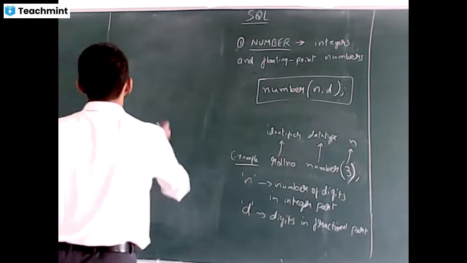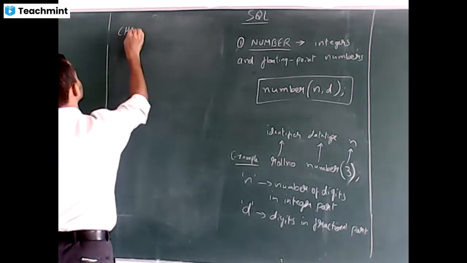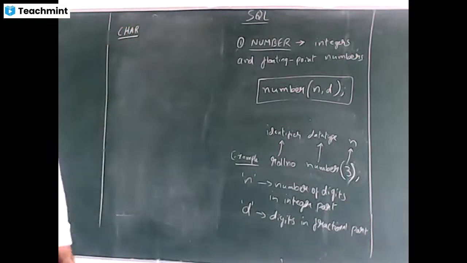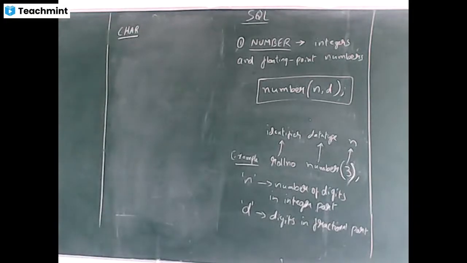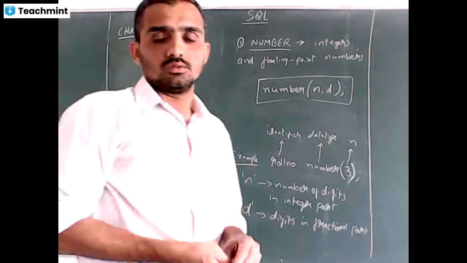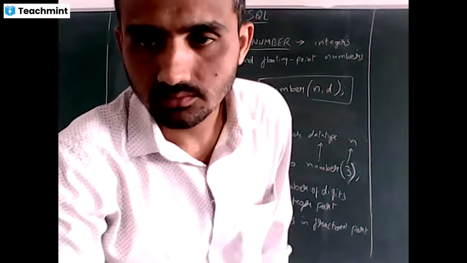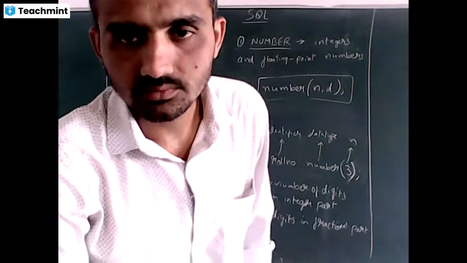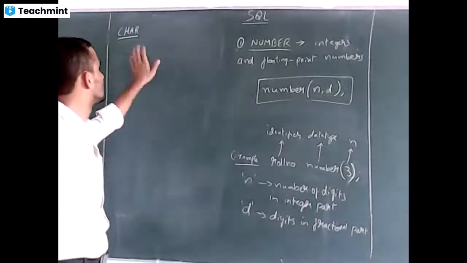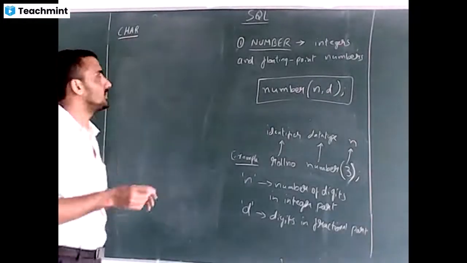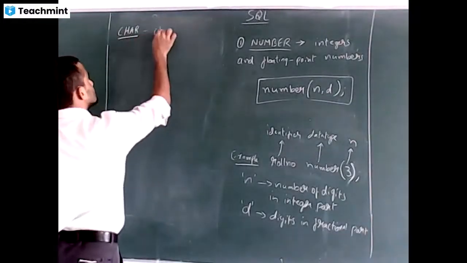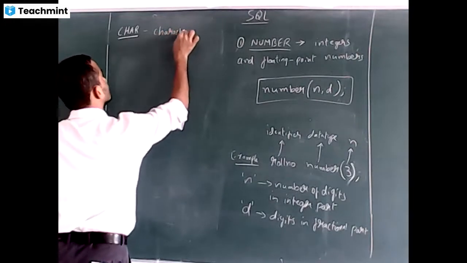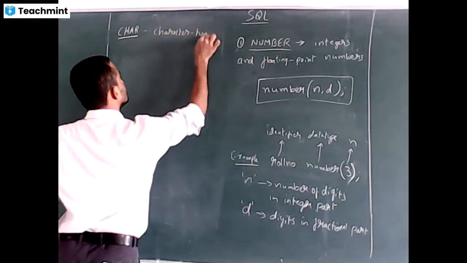So the next data type is CHAR. This data type is used to store character type data, just the same thing we consider in C++.